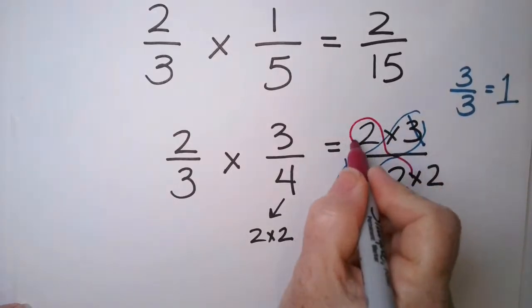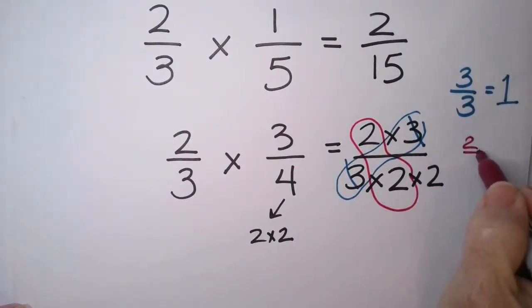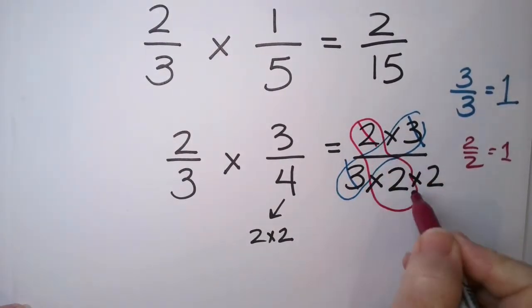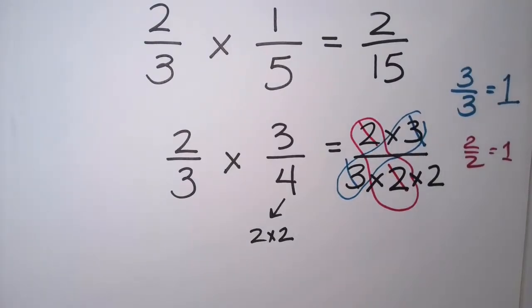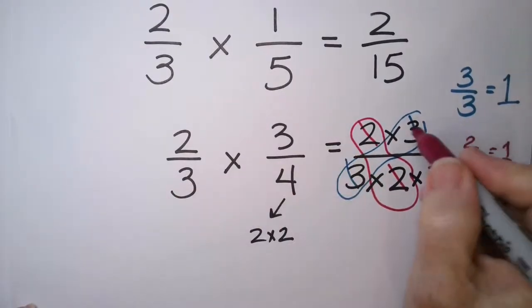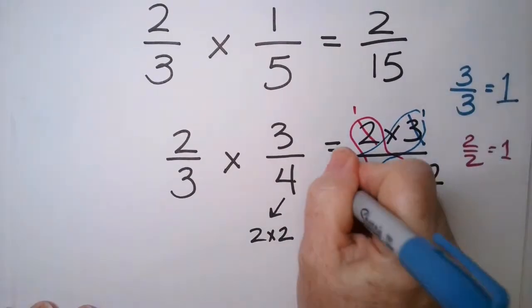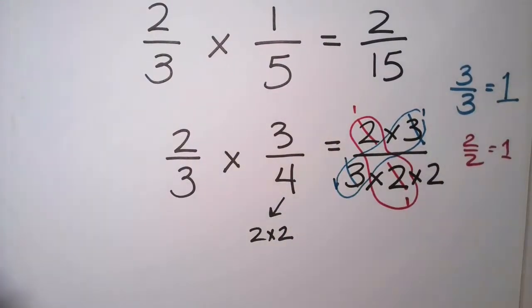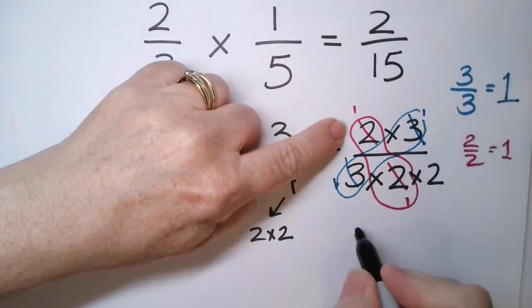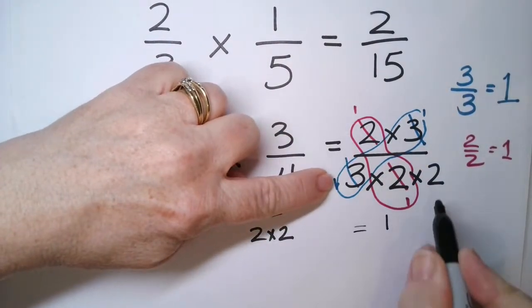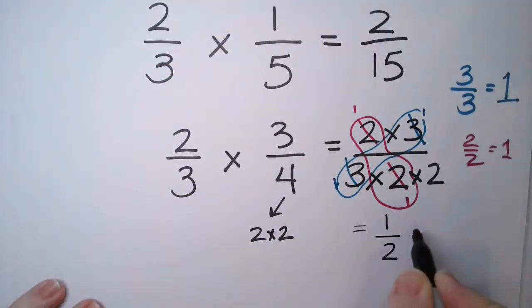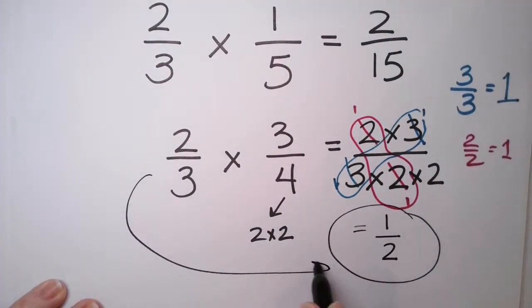What about 2/2? 2/2 is equal to 1. So those cancel. What are we left with? It's equal to 1, not 0. So this turned into a 1, that turned into a 1, this turned into a 1, this turned into a 1. What are we left with? I only have a 1 on top, and what do we have on the bottom? So the answer to this one is 1/2.